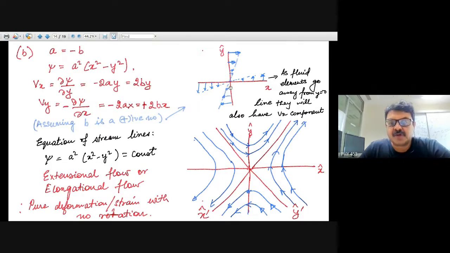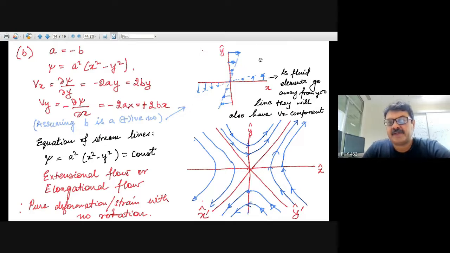Which means if you look at the y component of V, the velocity in the y direction, that is gradually increasing as you go ahead in x. And similarly Vx, the Vx component, is increasing as you go along y direction, decreasing as you go along y direction.